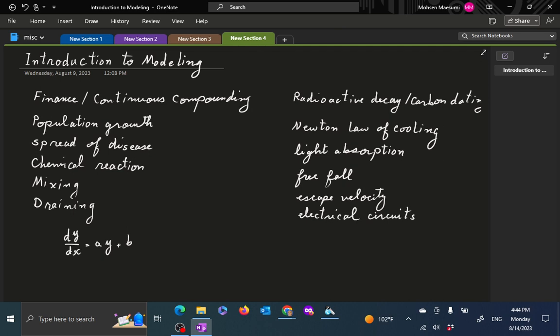Now the topics that we have here range from items that are familiar to everyone to items that are rather specialized. So for example, everybody has a bank account and they know about interest and accumulation of money in the account and so on. So pretty much everybody has a feel for what it is.